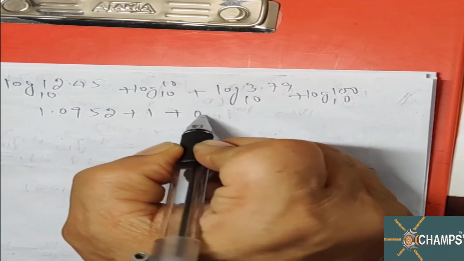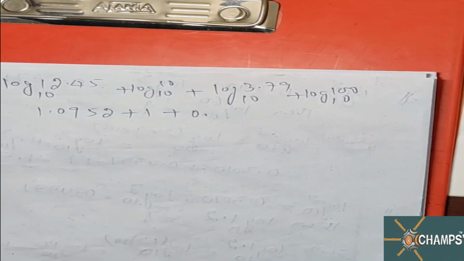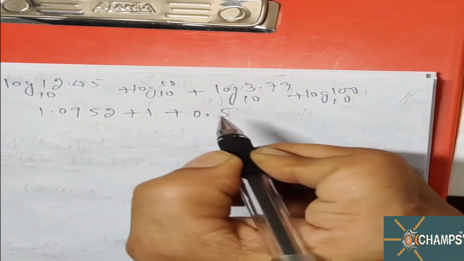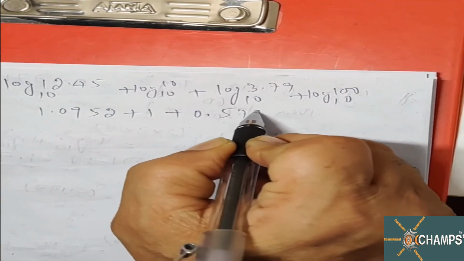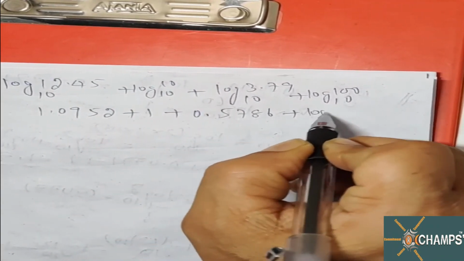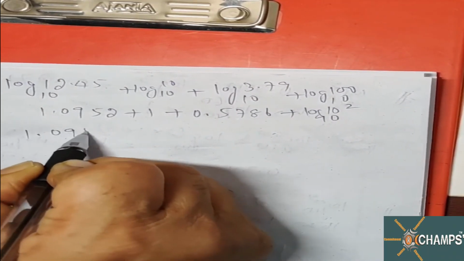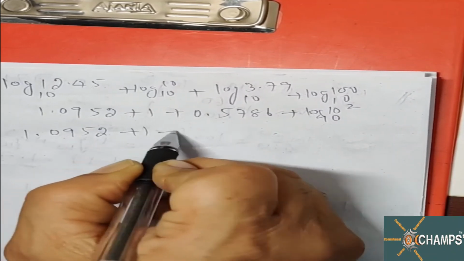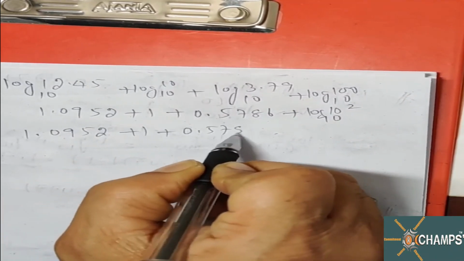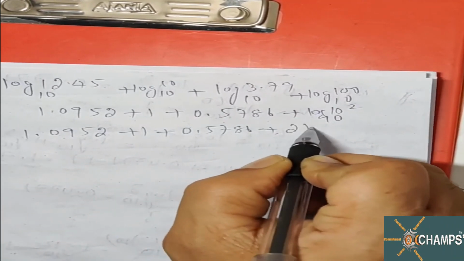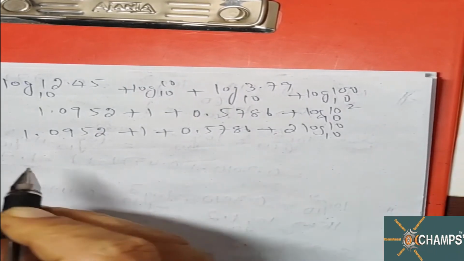Log 3.79 is given as 0.5786 plus log 10 square to the base 10. 1.0952 plus 1 plus 0.5786 plus 2 log 10 to the base 10.